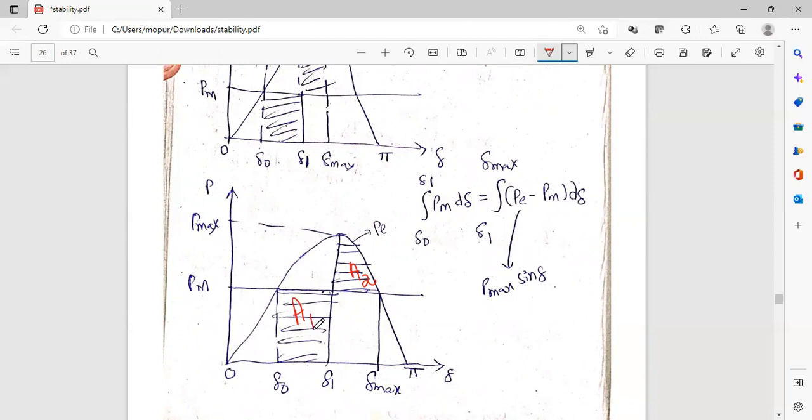Now, the critical clearing angle is reached when there is any further increase in del 1 causes the area A2 representing decelerating energy to become less than the area representing the accelerating.